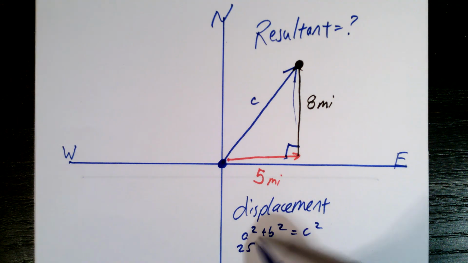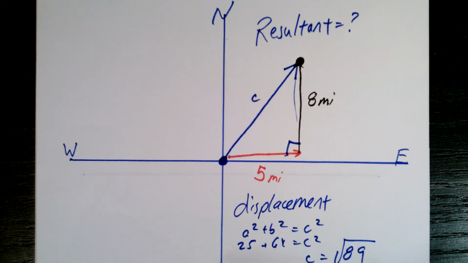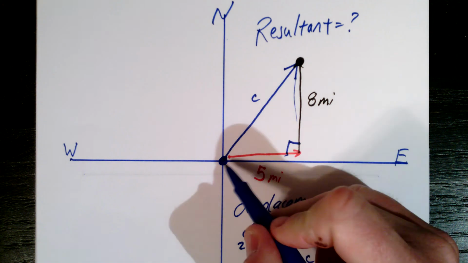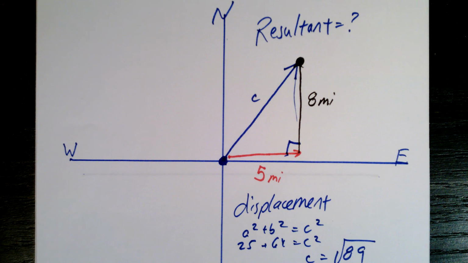But what if there were a third vector in here, which there could be? Anybody who's ever played baseball on a windy day knows that the wind can affect the baseball. Well, if I had wind blowing this way, this wind is a vector.